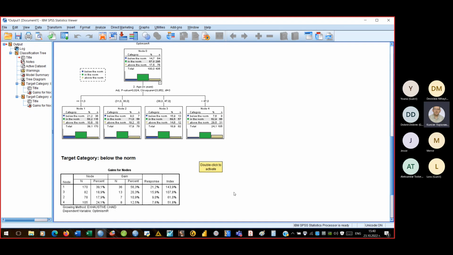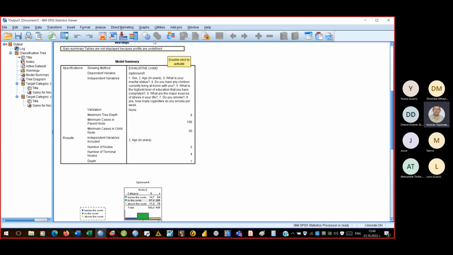you see that we choose all 8 independent variables, but analysis reveals that only one of them has impact on the dependent variable.